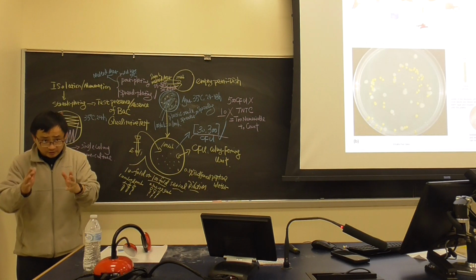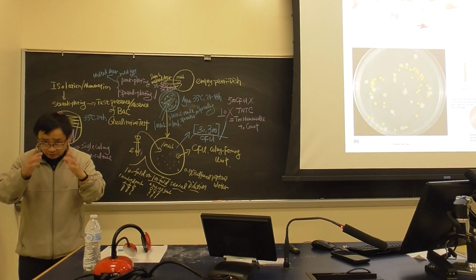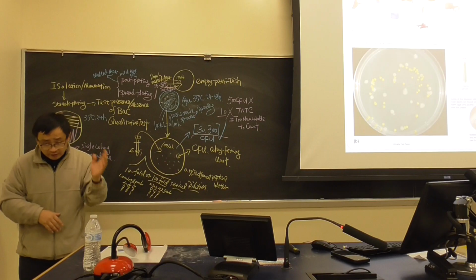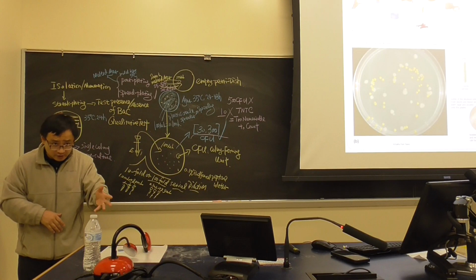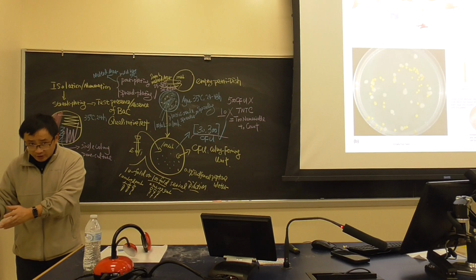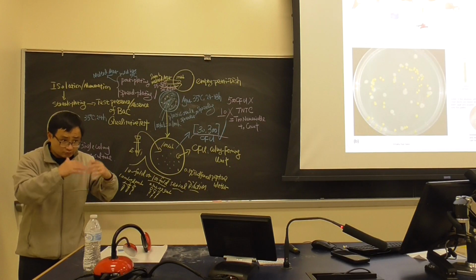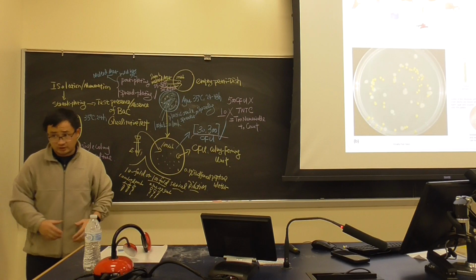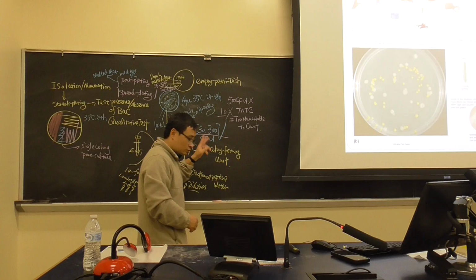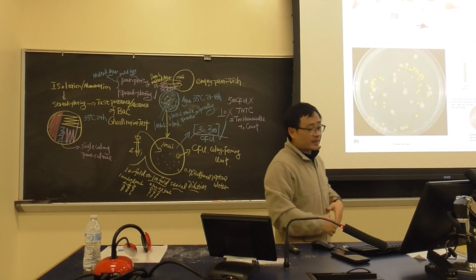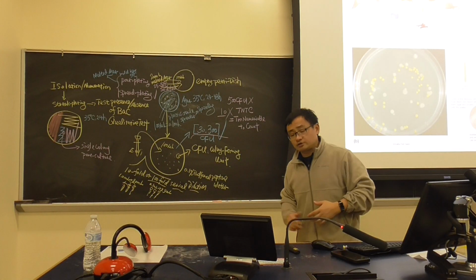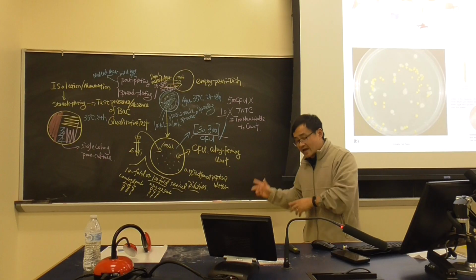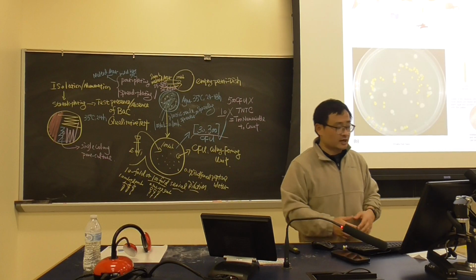Then you clearly know what the bacteria is, what it looks like. Half of you do Staphylococcus aureus, half of you do E. coli. Then you see the difference between gram-positive and gram-negative bacteria. So that's what we're going to do in the last 2 classes. It's a very basic technology, widely used in the microbiology lab.